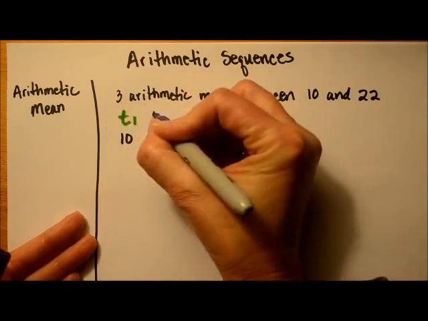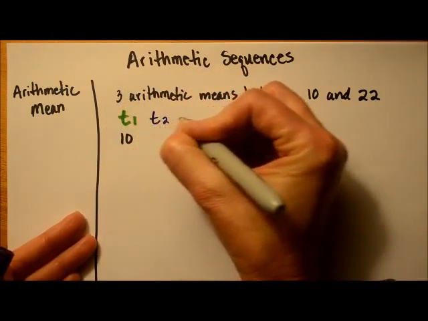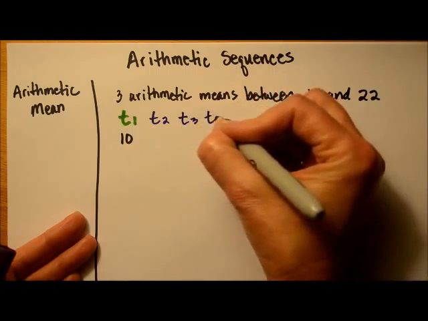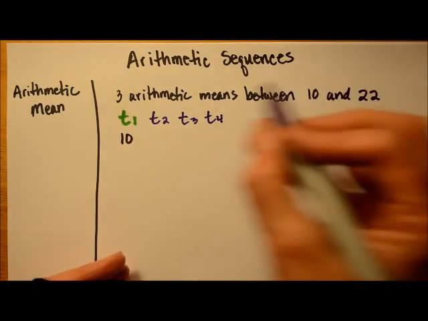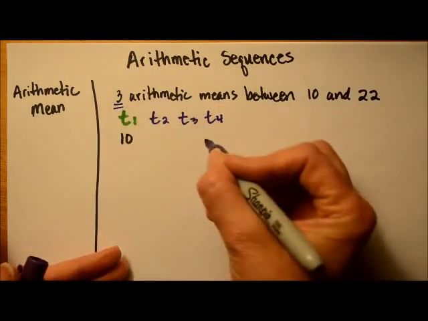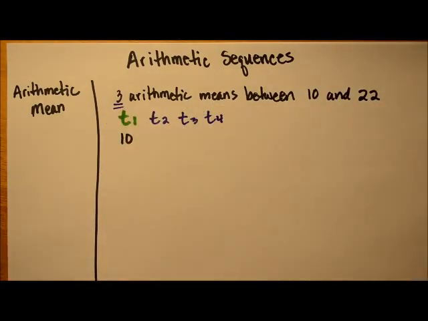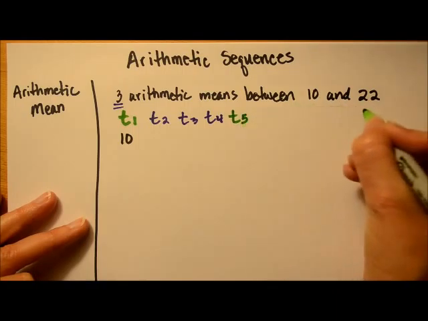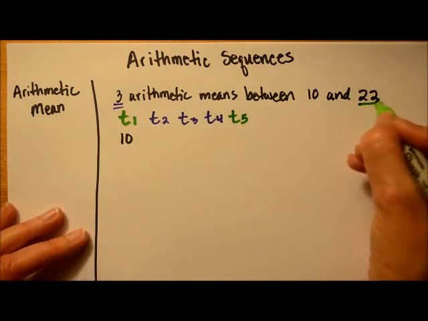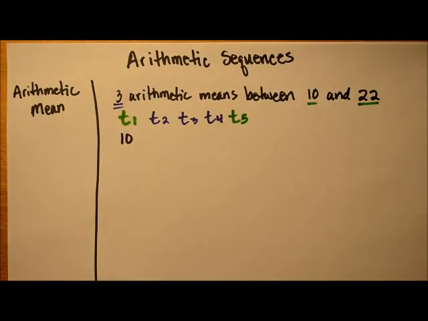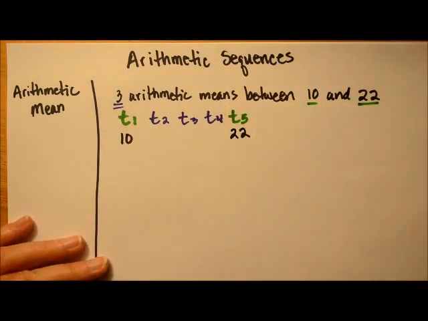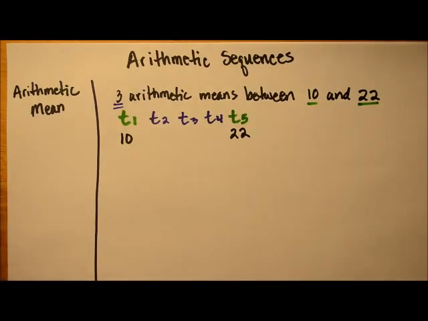So they want T2, T3, T4. There's my 3 arithmetic means, T2, 3, 4. And then T5 is my 22. Okay, so I have that filled in.